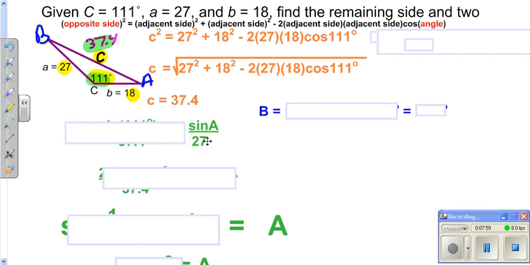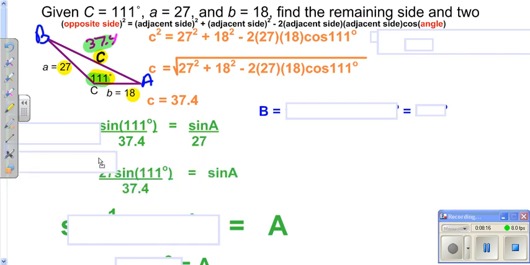Then I'll put it over side A, which is 27. Then I need to go over here, put the sine of the angle I know over the side that's opposite that angle. Now to get A by itself, you got to undo dividing by 27, so multiply both sides by 27.